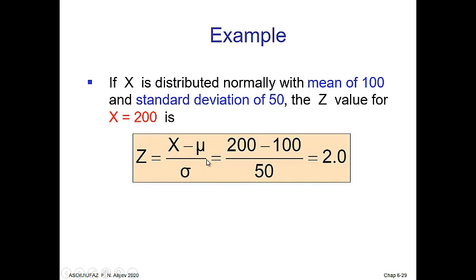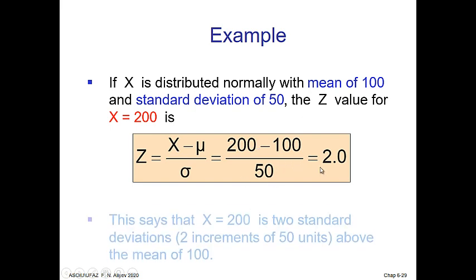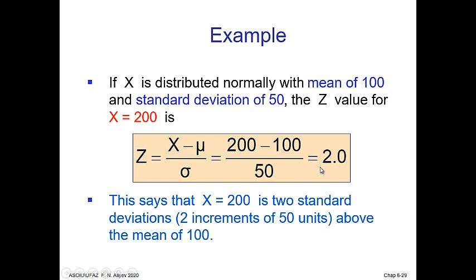Using the previous formula, we take 200 instead of x, 100 instead of mu, and 50 instead of standard deviation. We obtain 2. This means that x equal to 200 is 2 standard deviations above the mean of 100.